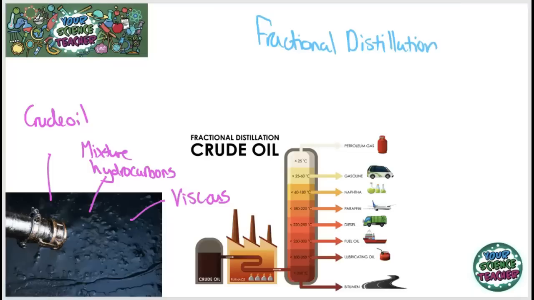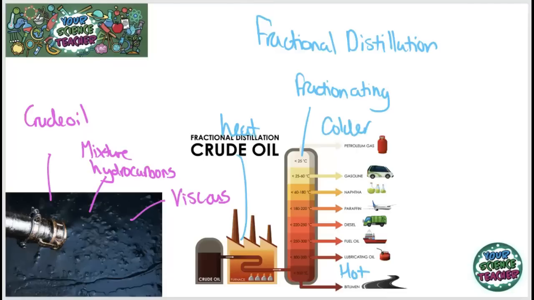Basically, what fractional distillation does is it heats up crude oil to a really high temperature, causing it to evaporate. Now, when it's evaporated, it enters what's called a fractionating column. And this fractionating column is incredibly hot at the bottom, and it gets colder as you go up to the top. Because of this, the different hydrocarbons condense at different points in my fractionating column.